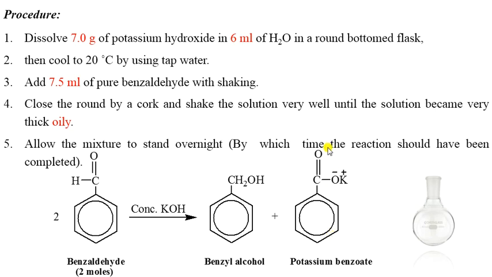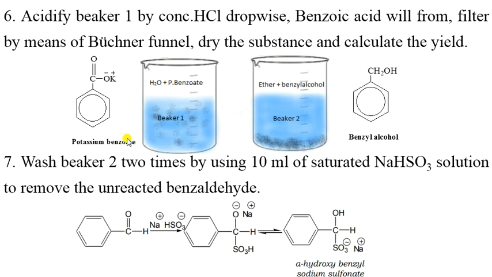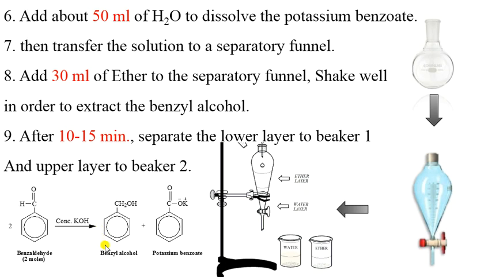Part 2 is the work up to purify our products, benzyl alcohol and potassium benzoate. At the end, we will get 2 materials, benzyl alcohol and benzoic acid.